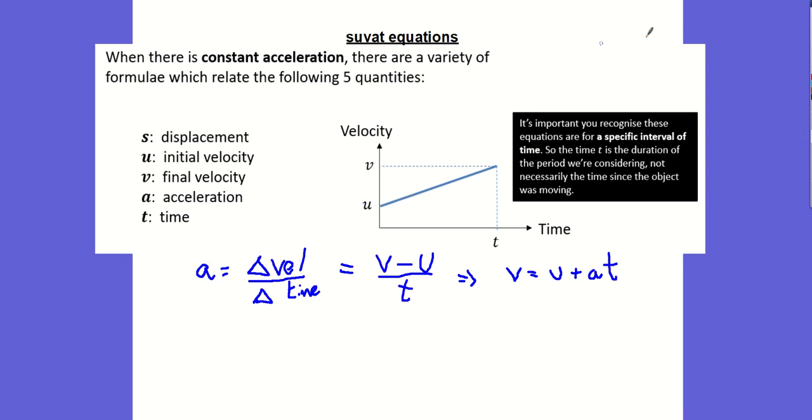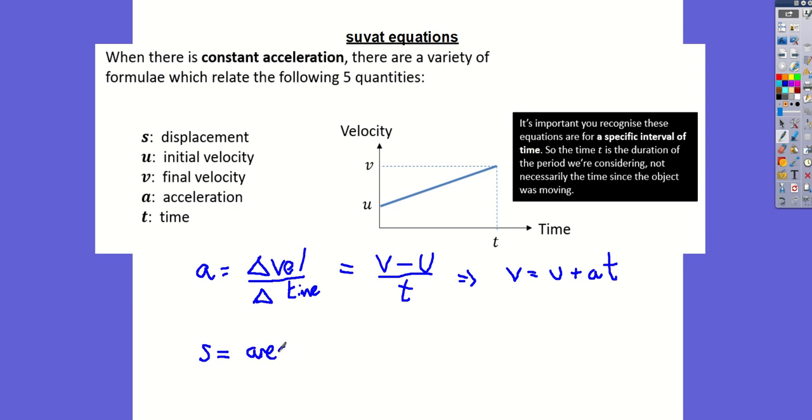If I want to know my displacement, well, that's using calculus. If you integrate underneath the function, integrate under velocity, you get your displacement. So displacement is your area. And because we've got constant acceleration, which is what these 5 equations work for, I've got a trapezium underneath for the area.